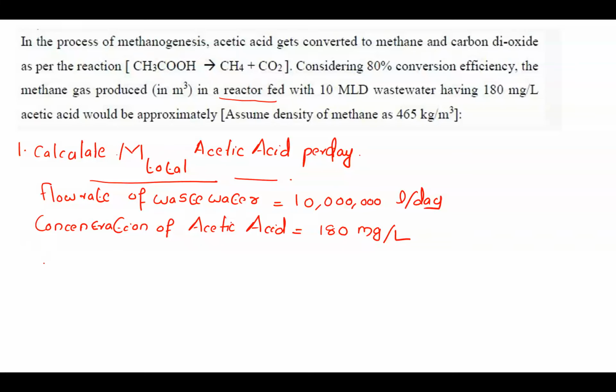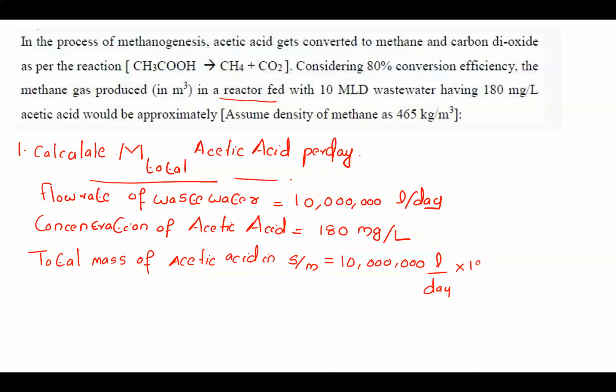Now the total mass of acetic acid in the wastewater system equals this: you have to multiply the flow rate of wastewater, liter per day, into 180 milligram per liter.